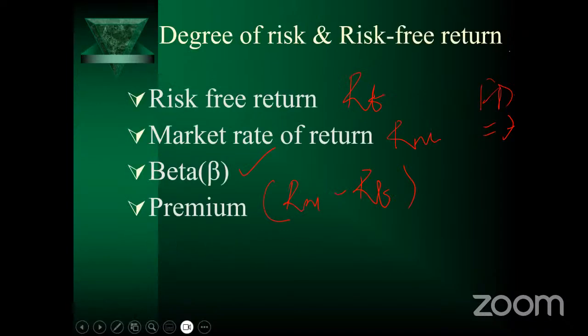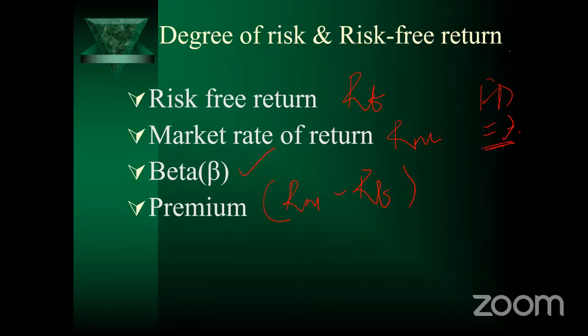So here we can say 7% is the risk-free rate of return. Post office deposits or post office savings, let's say, are offering 6 to 7 percent. So we can take that 6 to 7 percent as the risk-free return. Without taking any risk, we are able to get this 6 to 7% of return.